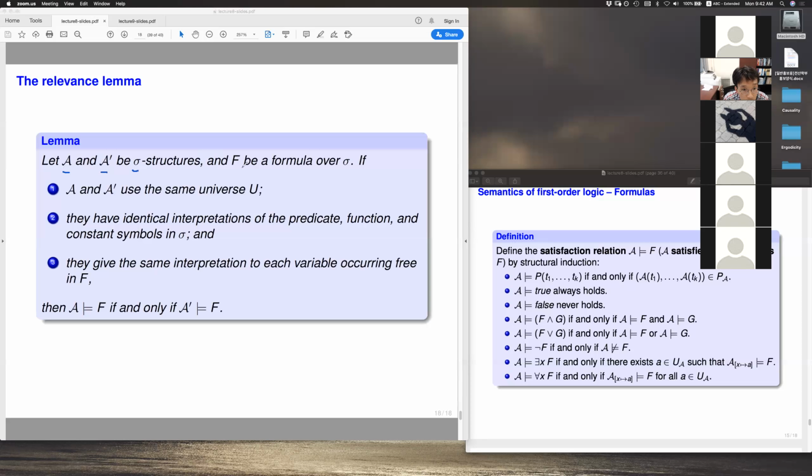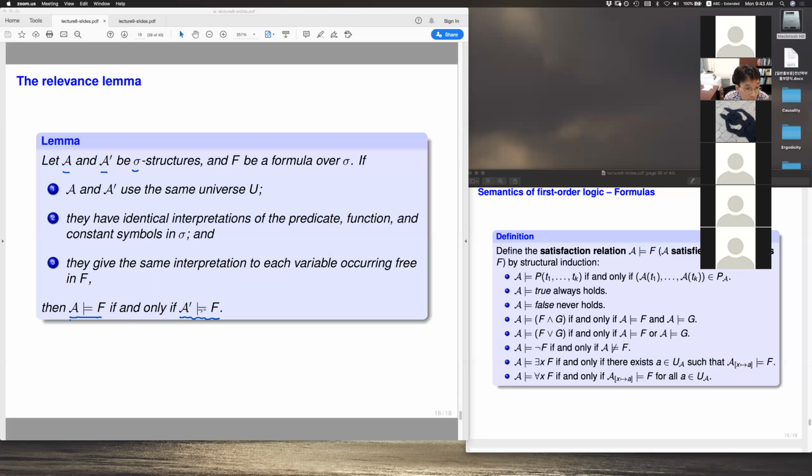And then we have a formula over sigma. Our claim we want to make is that A satisfies F precisely when A prime satisfies F. So as far as satisfaction of F is concerned, A and A prime behave exactly the same way. That's what the conclusion is saying.